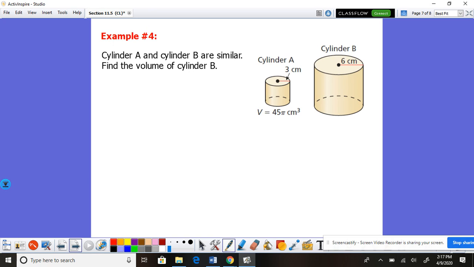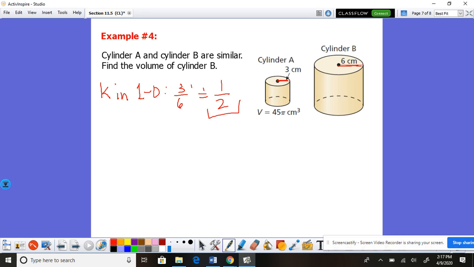So to find the scale factor in 1 dimension, well, we have 3 over 6, which just reduces to 1/2. This is the scale factor in 1 dimension, okay?